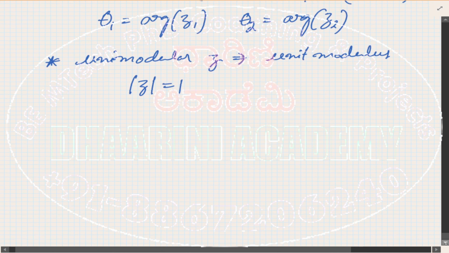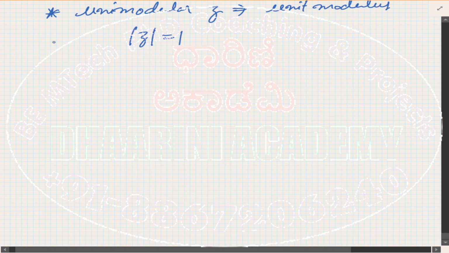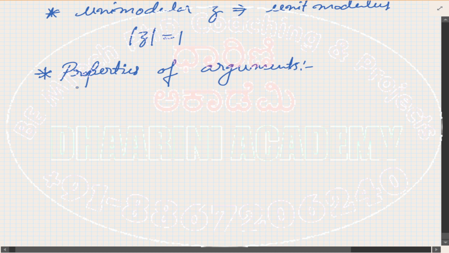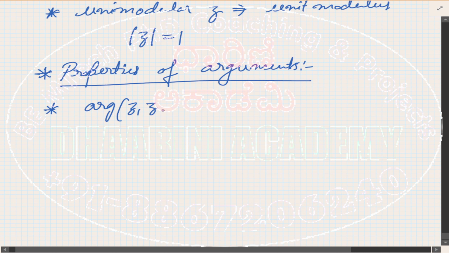And after this, we have the properties of arguments. Okay, so the first property is argument of Z1 into Z2.